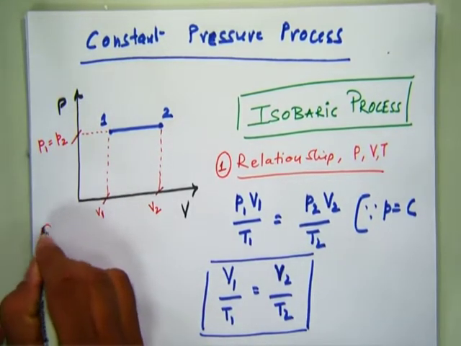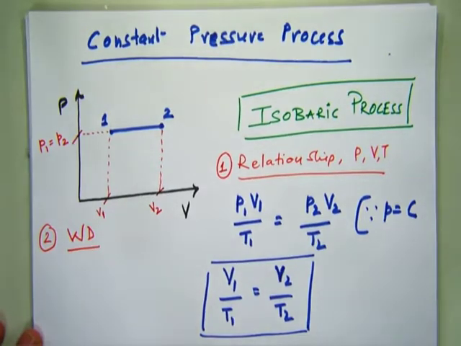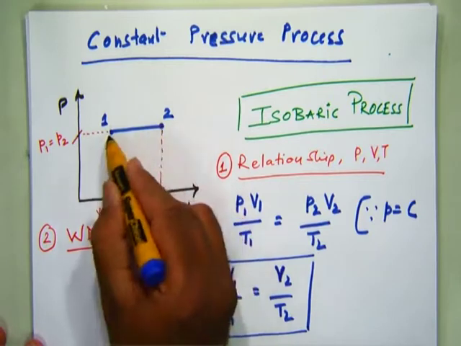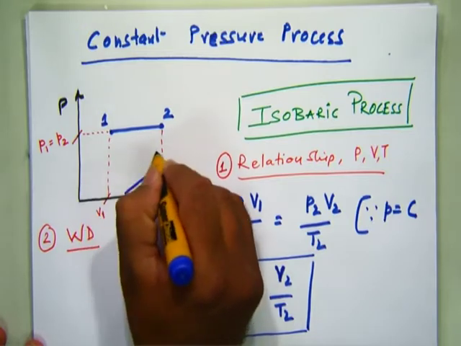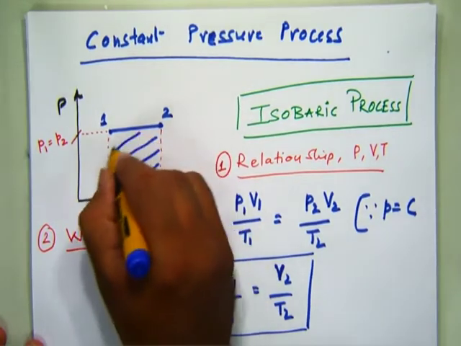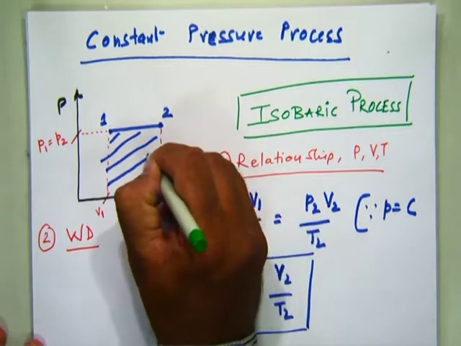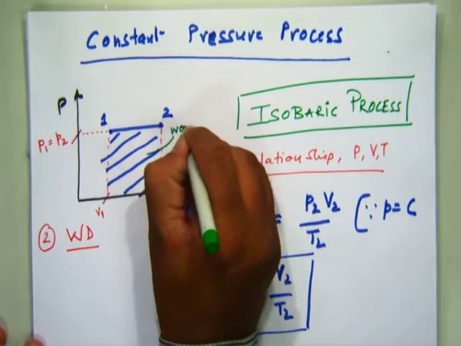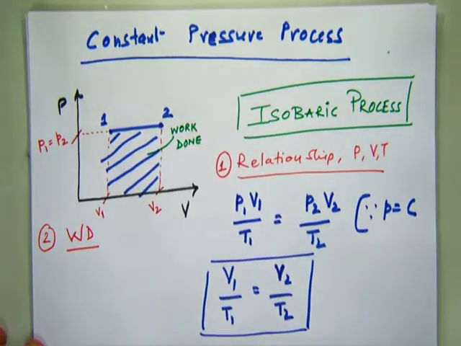Next, we are interested in work done during the process. Work done during the process is nothing but the area under this line 1, 2. The area under this 1, 2 is nothing but the work done.